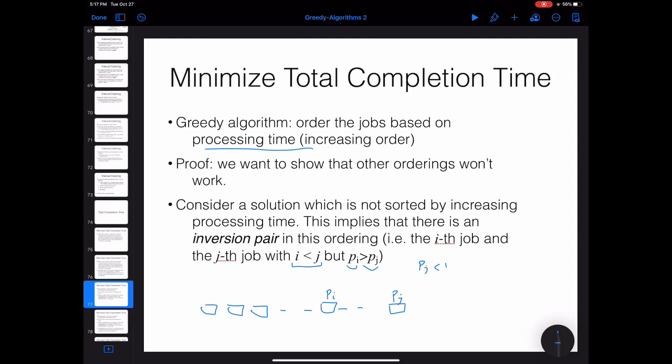And then the rest of the jobs. Okay, this is the optimal answer.